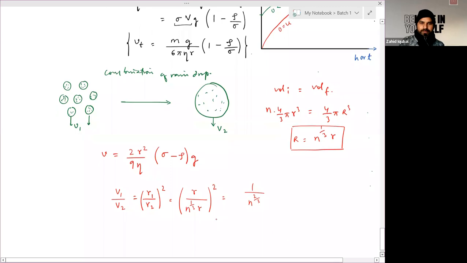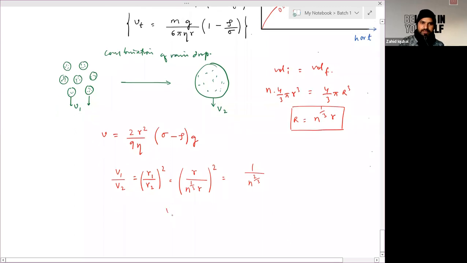On cross multiplication, you'll get v2 equals n to the power 2 by 3 times v1. So this will be your final expression for the single drop as compared to each individual drop.